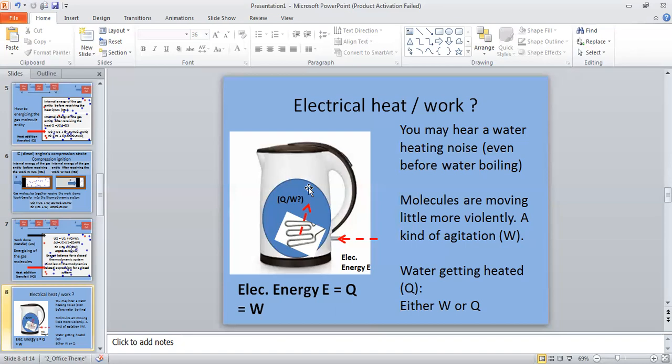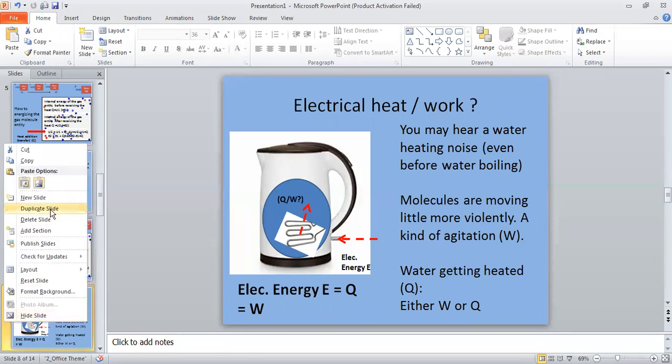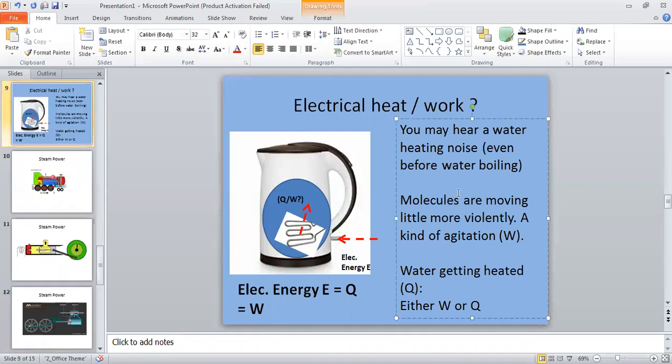So noise coming means it's a kind of energy loss, because the noise is part of this energy, so that energy is lost from the system. So for perfectly efficient heating, you should ensure no noise till boiling. That's another interesting point.